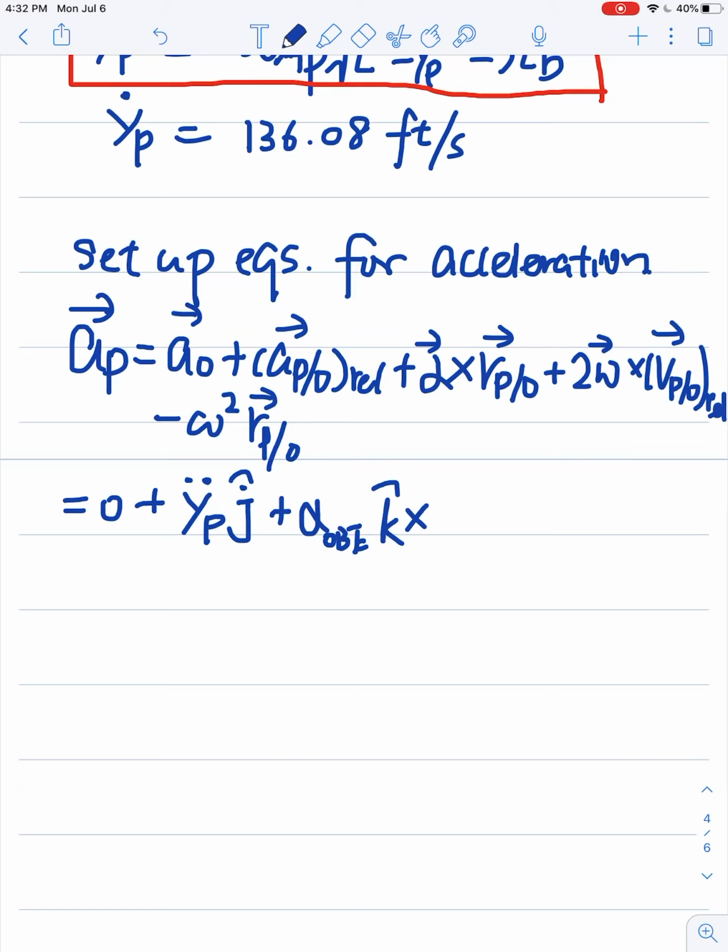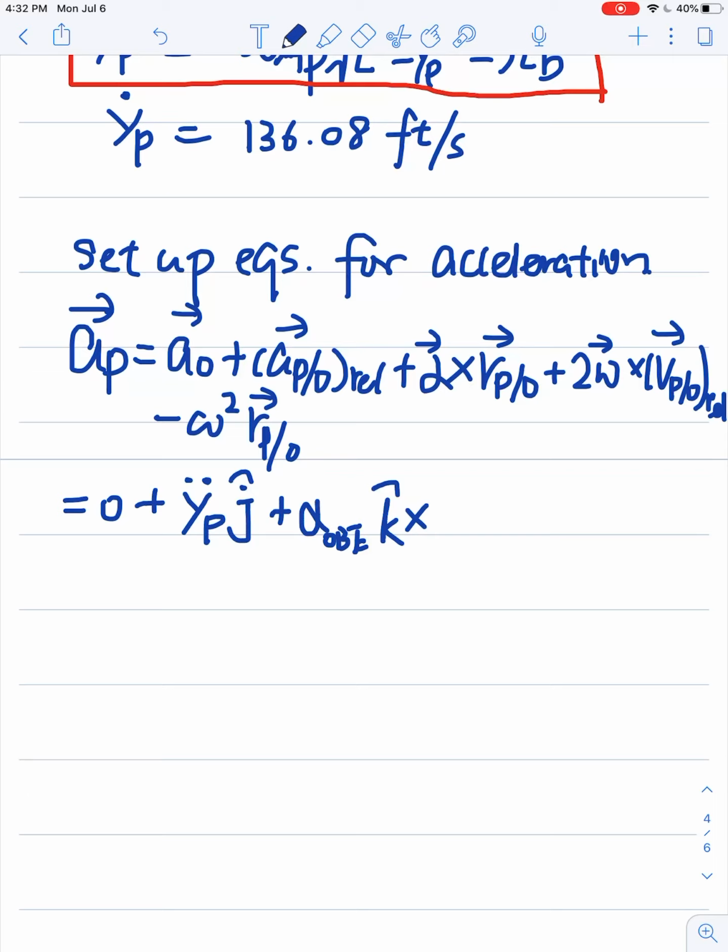This will cross RP slash O. RP slash O is a position vector from point O pointing to point P, and we know the distance from O to B, that is our I direction.